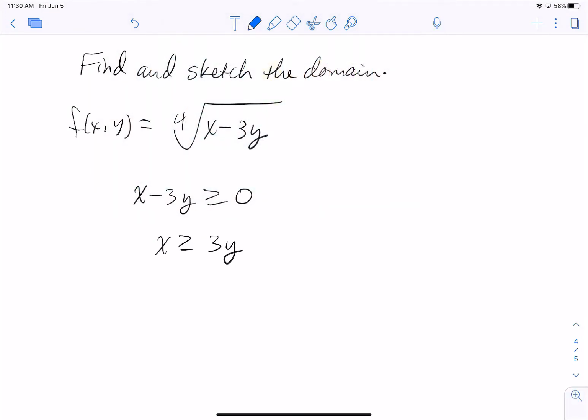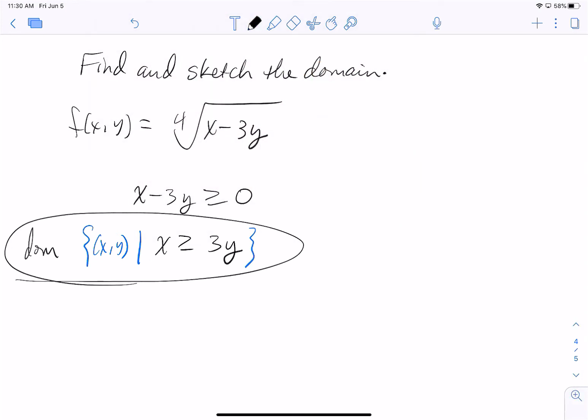And then, folks, what I'll tend to do is just wrap set notation around what we've just written. So the set of ordered pairs xy such that x is greater than or equal to 3y, close the curly braces, and that gives us our domain. However, we were also asked to sketch it. Again, f of xy being the function means that our domain exists in the xy plane.